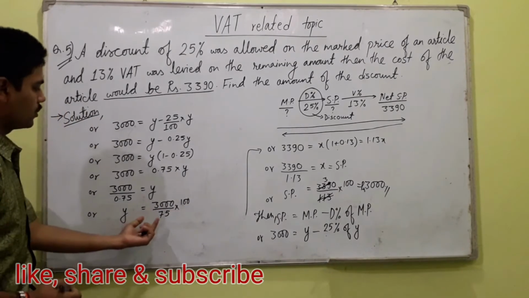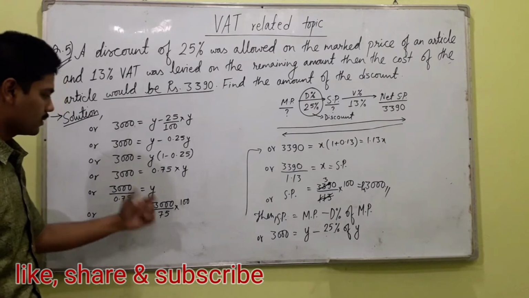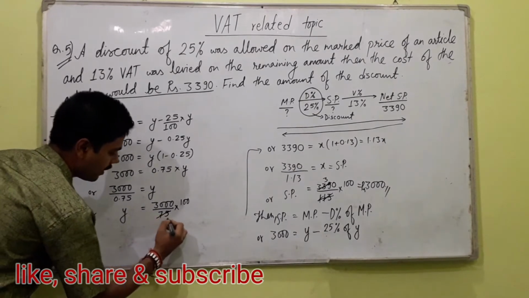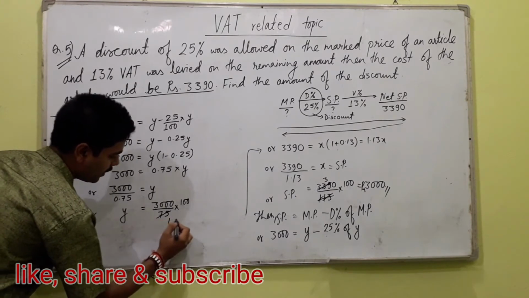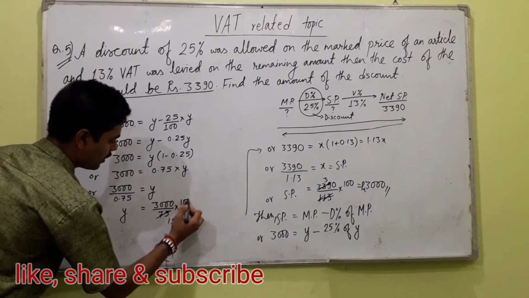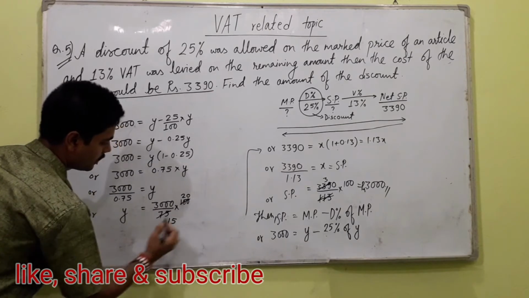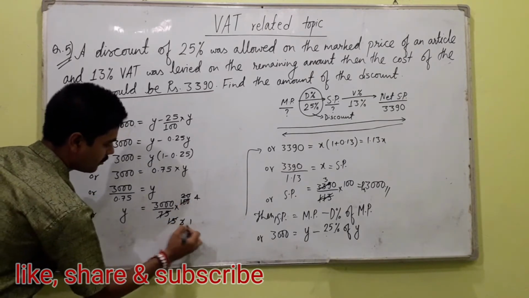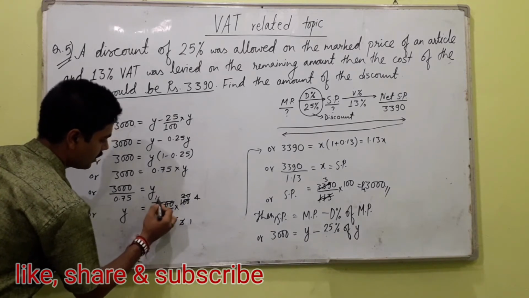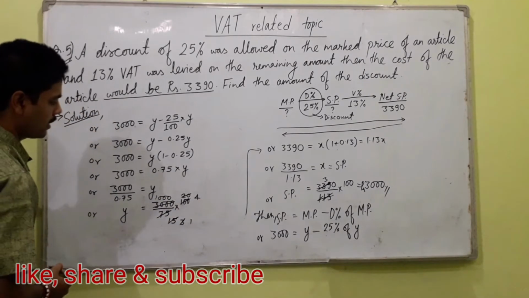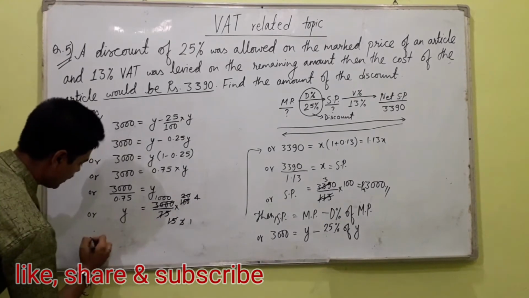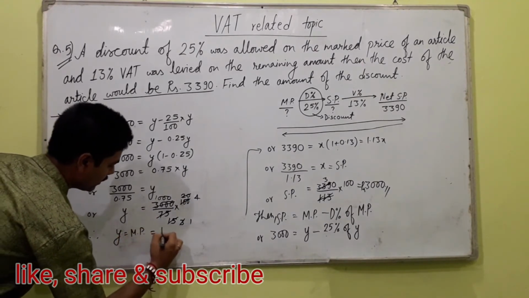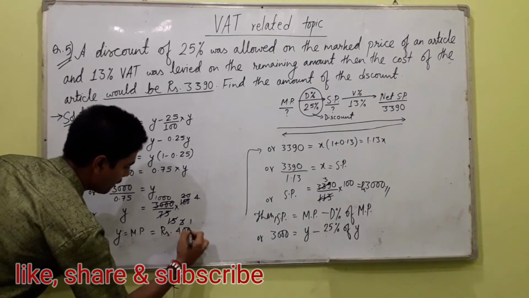Now use your calculator if you have one at hand, but I don't use it. So let us see. 5 1s are 5, 5 5s are 25, and here 5 2s are 10, 5 3s are 15, 5 4s are 20, 3 1s are 3, and 3000 is 3000 and 1000 into 4, therefore the value of y, that is mark price, is rupees 4000.